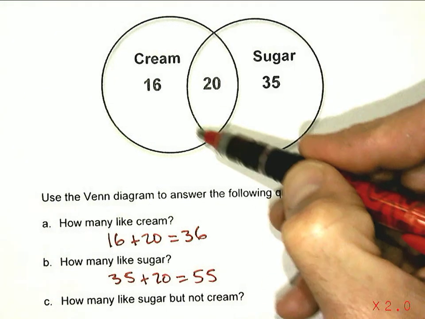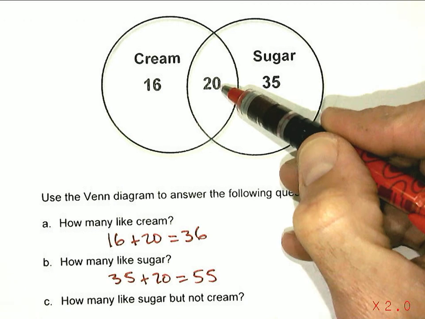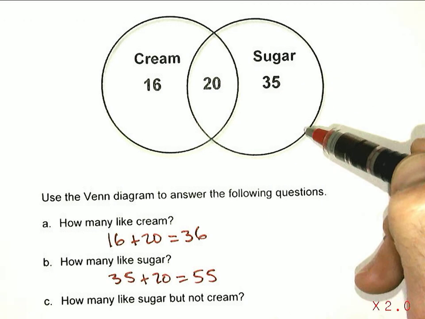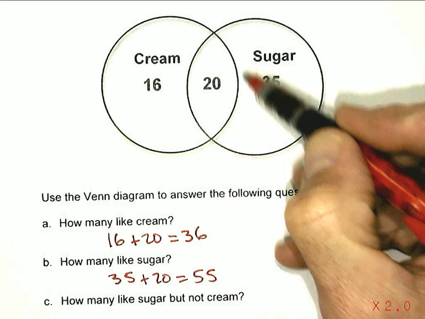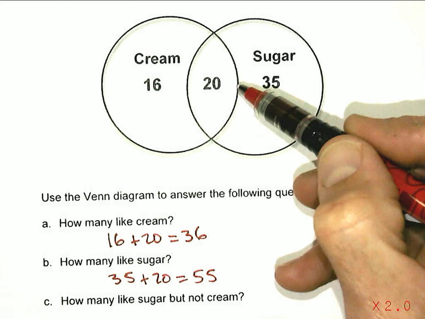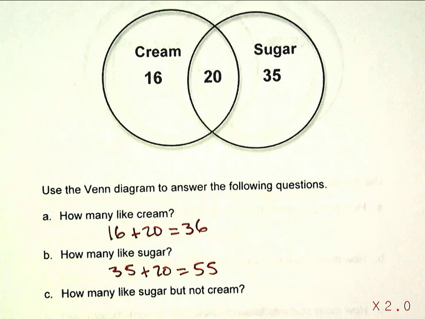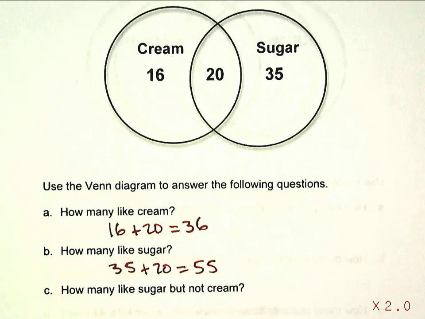So all of these people, the 35 plus the 20 together, like sugar. All of these people like cream, and again you have this part in the middle that overlaps where you have some people that like both, which we'll get to again in just a minute as we answer some questions.